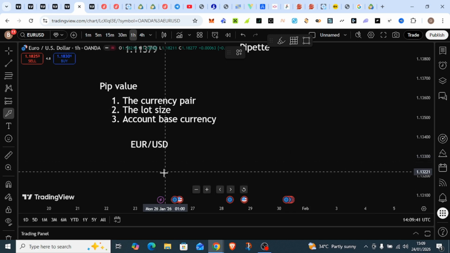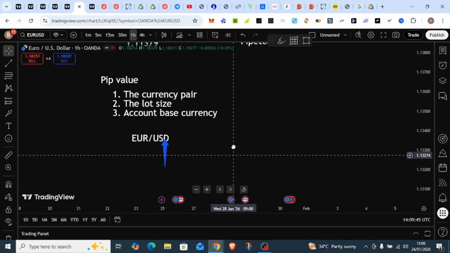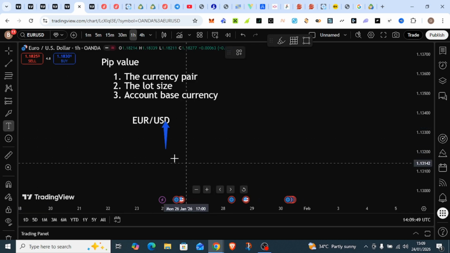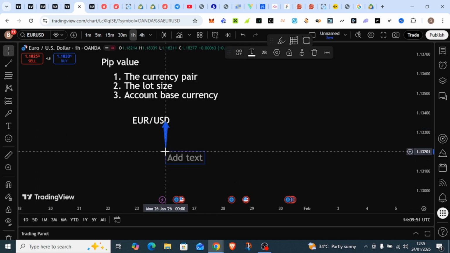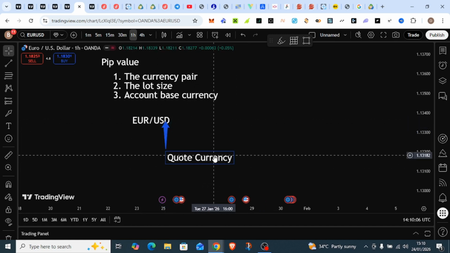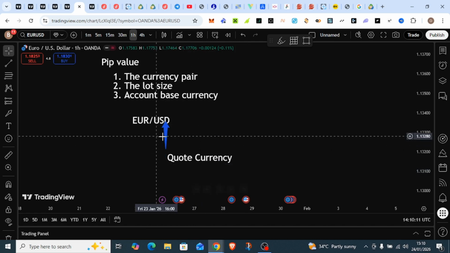The quote currency in this Euro USD pair is USD. You have to take note so that you'll be able to follow up in this calculation.